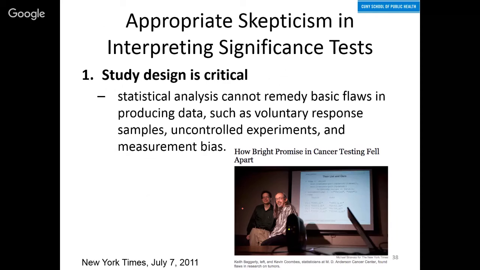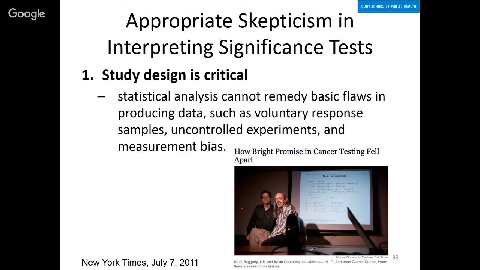Study design is critical. And we talked about this a little bit with the cell phone study, that basic flaws in producing the data, such as voluntary response samples of convenience, or not properly controlled experiments, such as if we had test taking order confounded with treatment, all of these things can introduce bias, and they're not part of the p-value calculation.